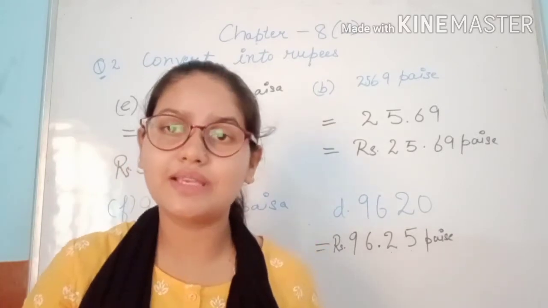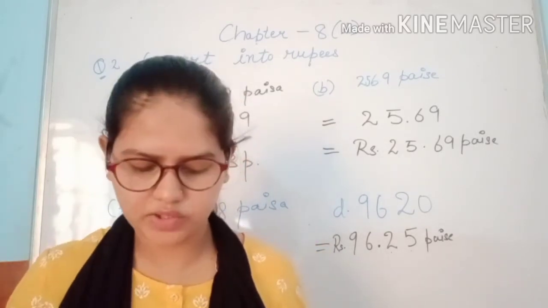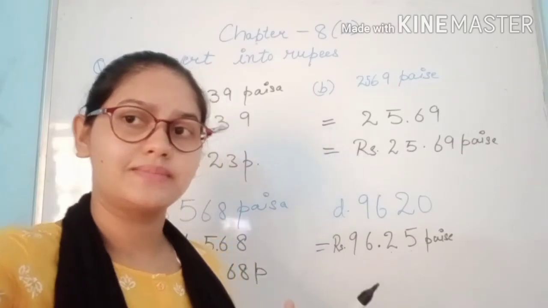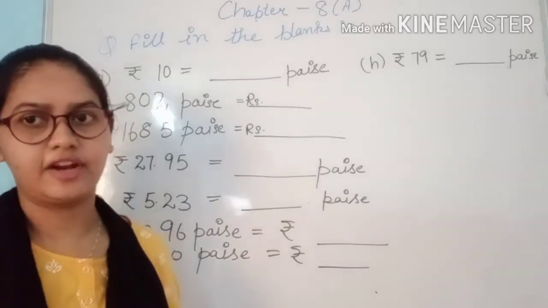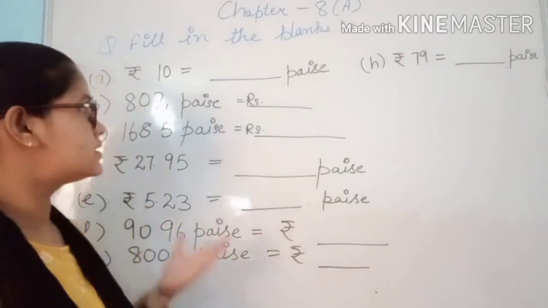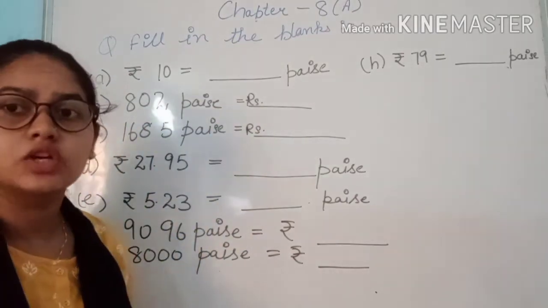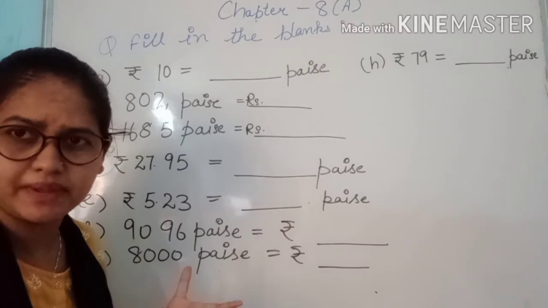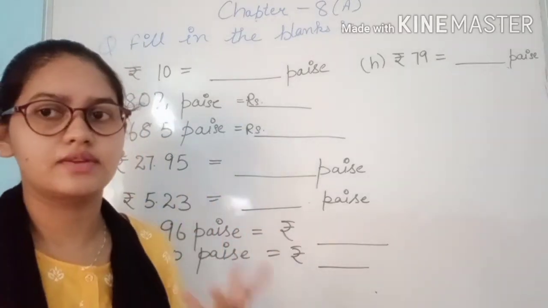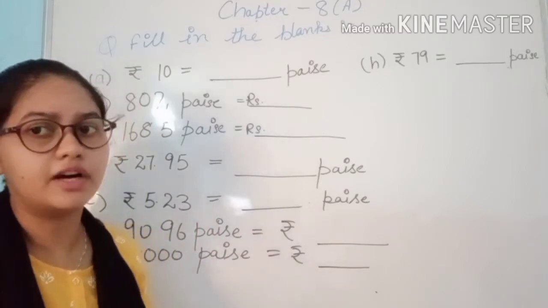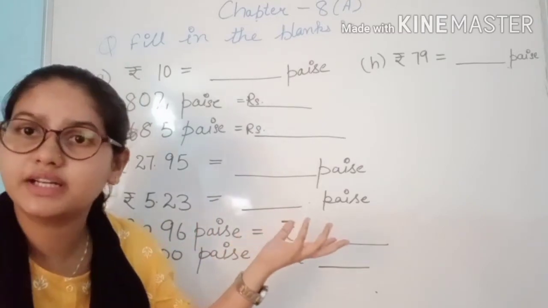How many paise? How do we convert 10 rupees to paise? So let's fill up the blanks first. This one is very simple because we have done conversion of rupees and conversion of paise, right? As we have converted, we learn how to convert again.